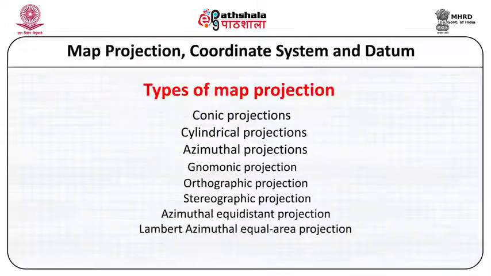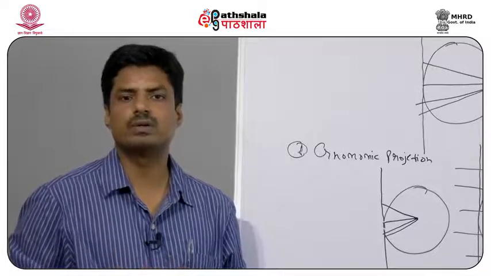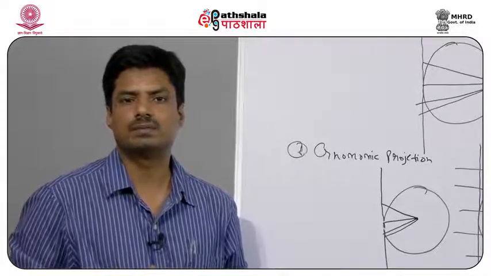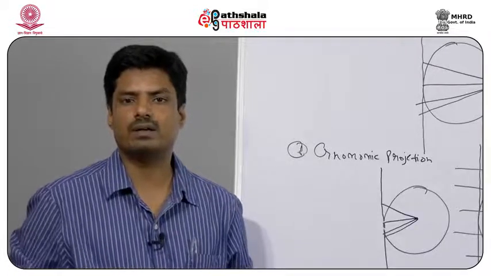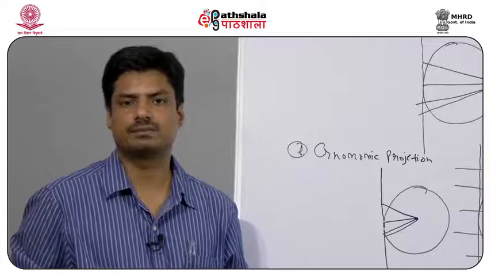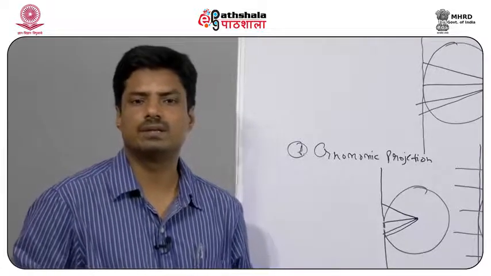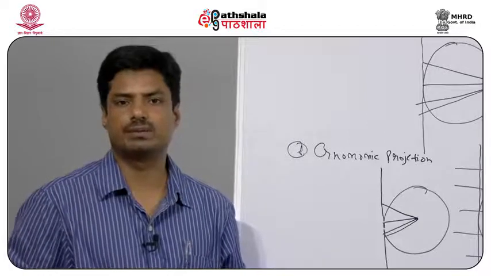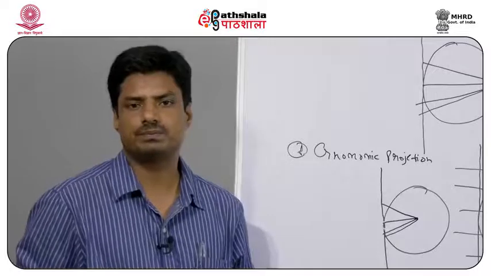The next in this category is Lambert azimuthal equal area projection. In this projection, we try to preserve the area, the other things get distorted away from the center. So in this way, we explained the different types of projection we use in different parts of the world.